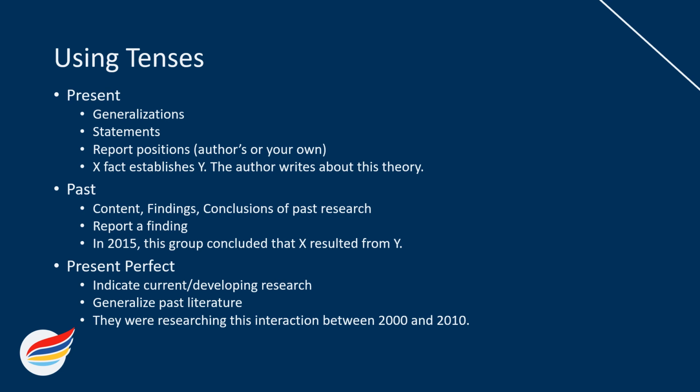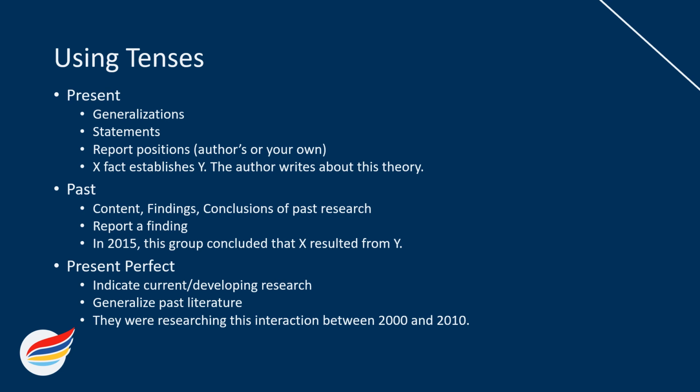These facts show that this is the case. X fact establishes Y. The author writes about this theory. The past tense is best used to show information related to past research or to report a finding. For example, in 2015, this group concluded that information. Their research found X resulted from Y.